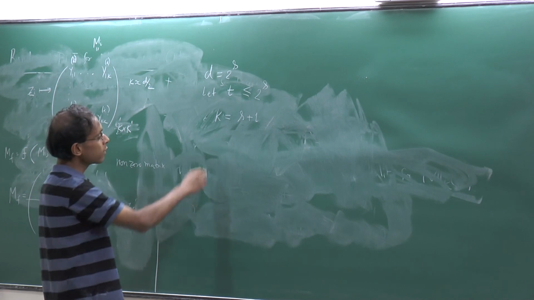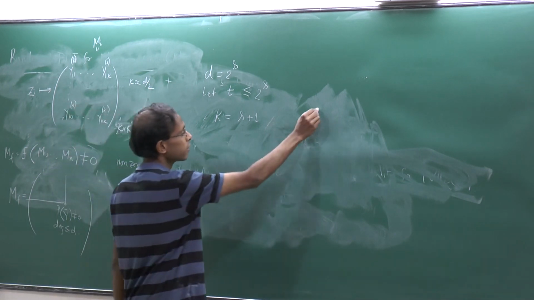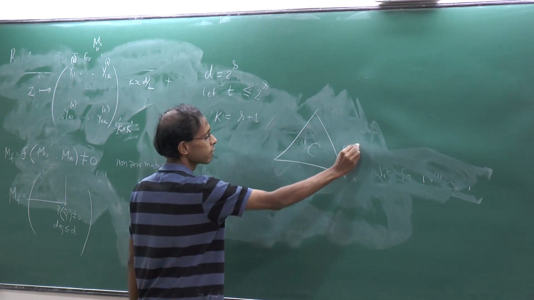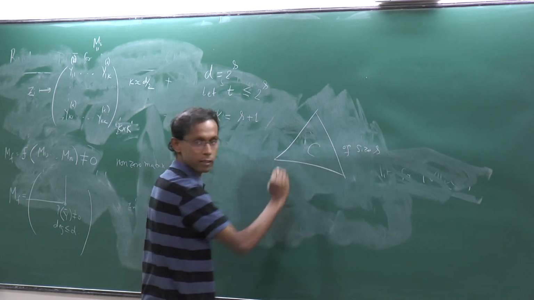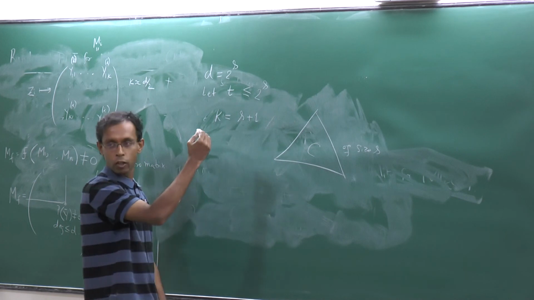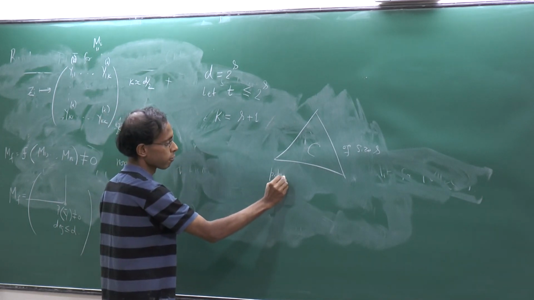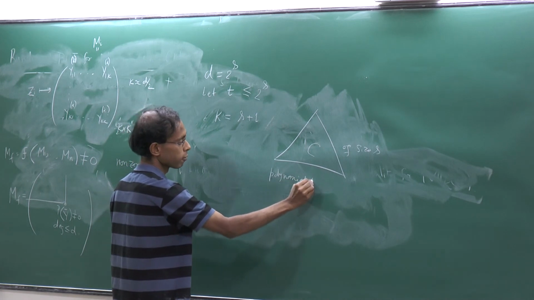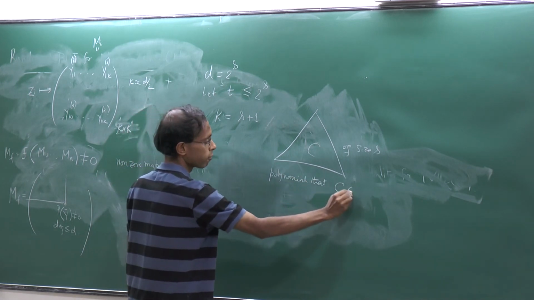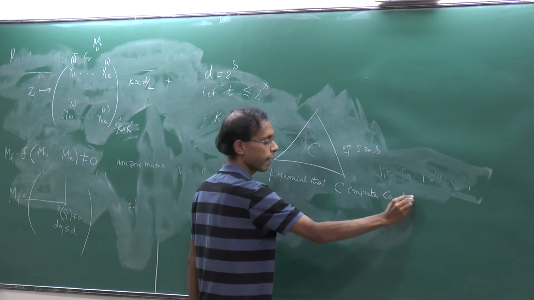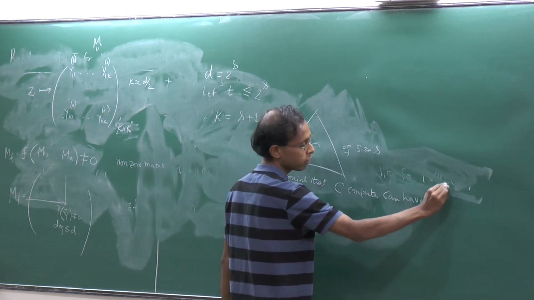Yeah. So notice one thing: if you take a non-commutative circuit C of size s, the polynomial that the circuit computes can actually have a double exponential number of monomials.